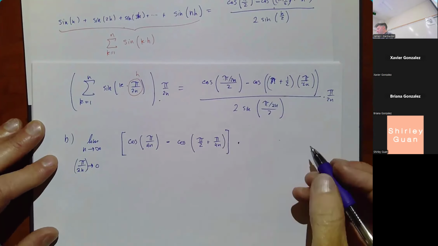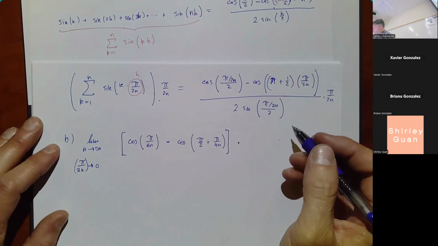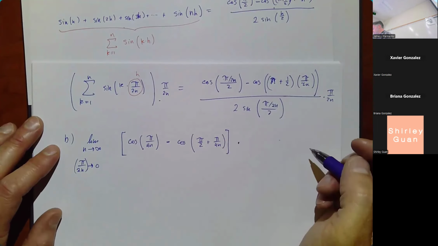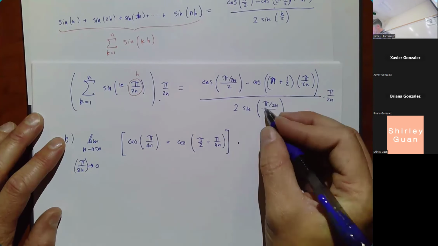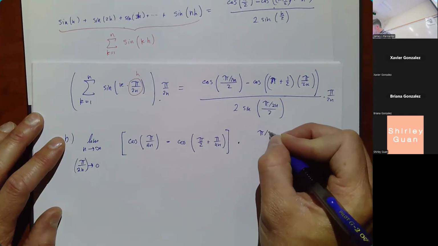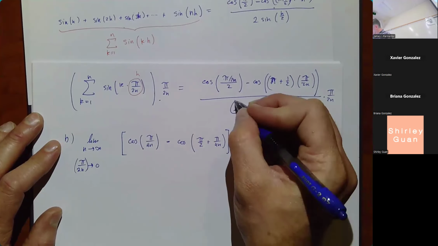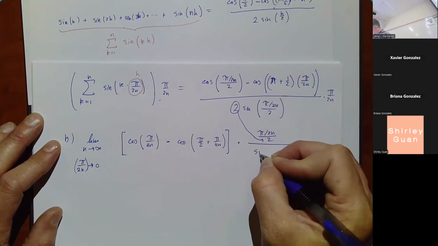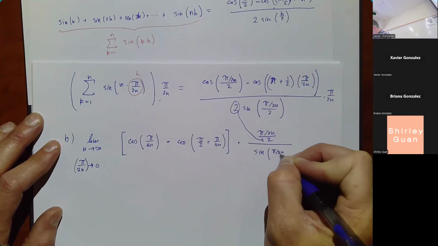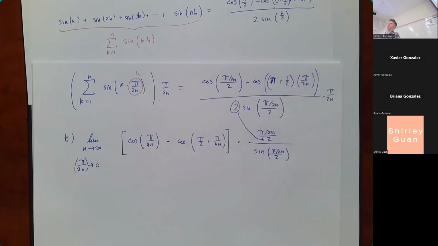Times, this is where things get real dicey, I'm going to write this as on top, pi over 2n over 2, using that 2 as the denominator there, over sine of pi over 2n over 2. There's a reason I've done this. I'll explain it shortly.